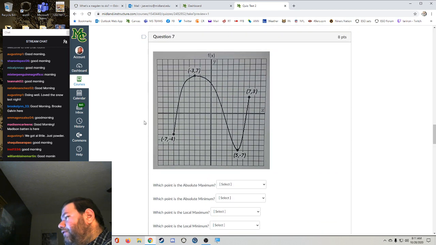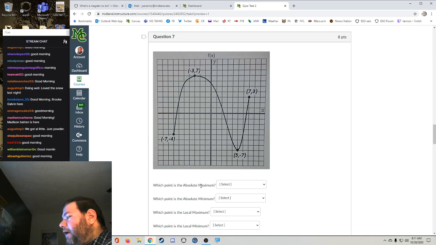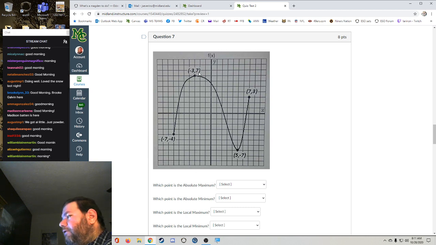This one proved really tricky, the local extrema. Absolute maximum, absolute minimum. I think most people got that because the absolute maximum is the single highest y value on the graph, which occurs here at negative 3, 7. Okay, so there's our absolute maximum.